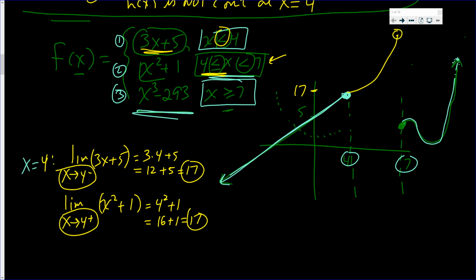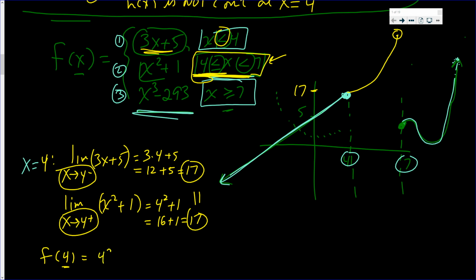So what we now know is, because these two limits are equal, let's look at this. What is f of 4? If x is 4, we use this middle function because it says x can equal 4.